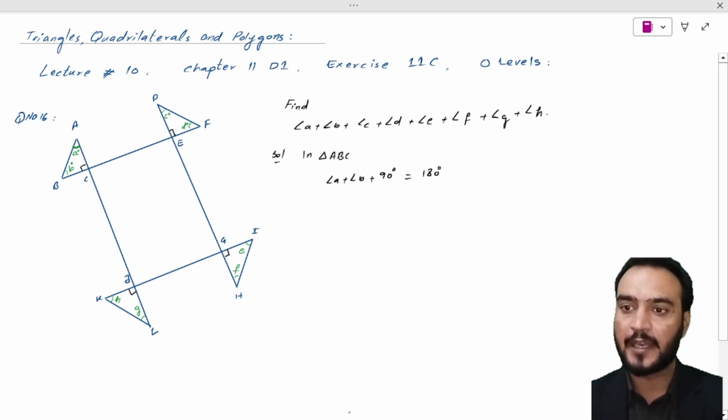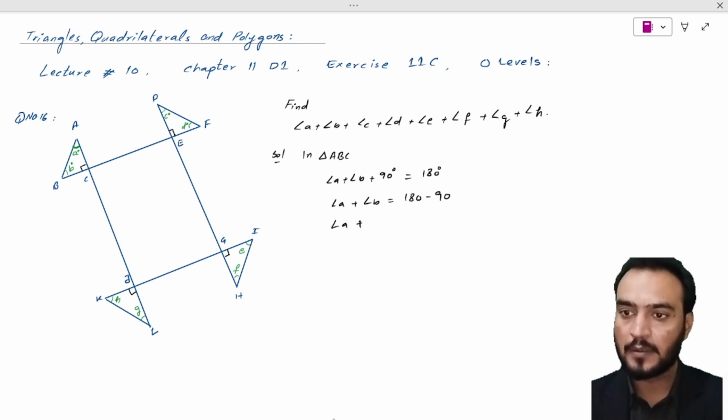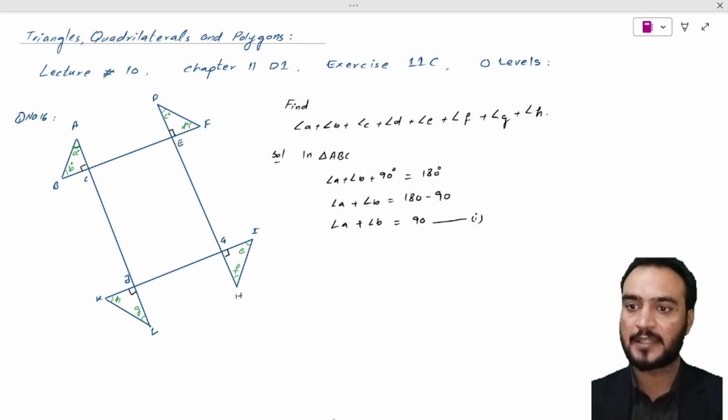Hence angle A plus angle B is equal to 180 minus 90, and angle A plus angle B is equal to 90. Let us consider this as equation number 1, angle A plus angle B.